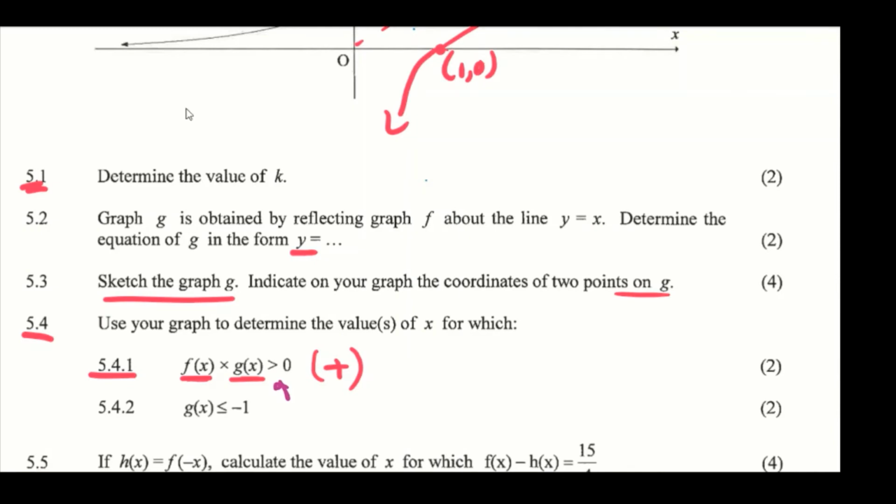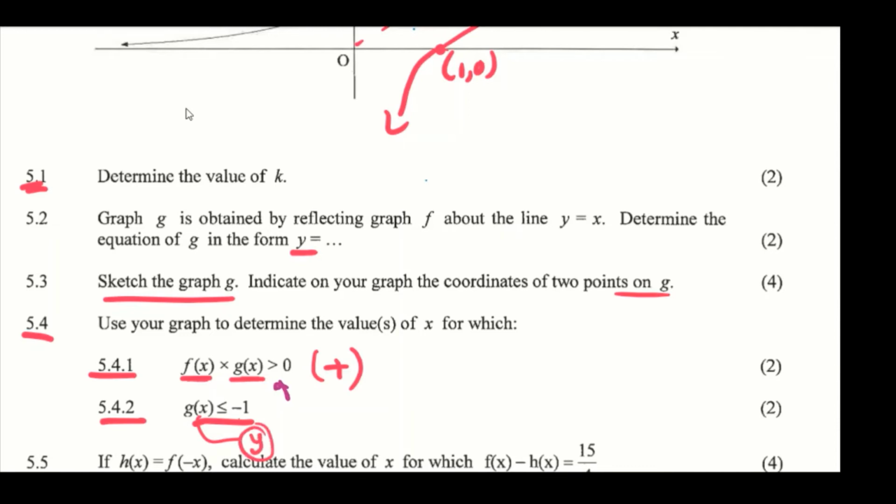Okay, so 5.4.2 says that when you have g of x being less than or equal to minus 1, what is the solution of x when that happens? As I said, when you see g of x, they're talking of y values.